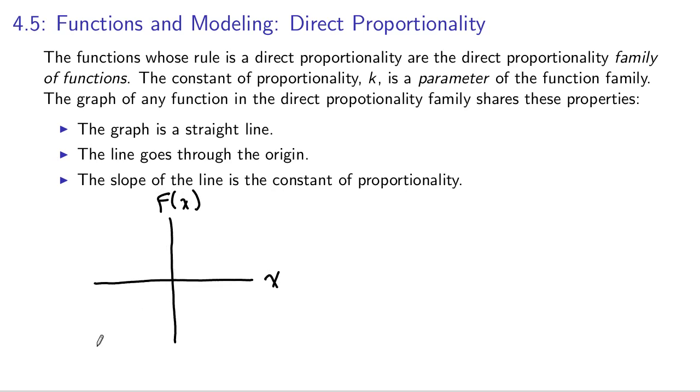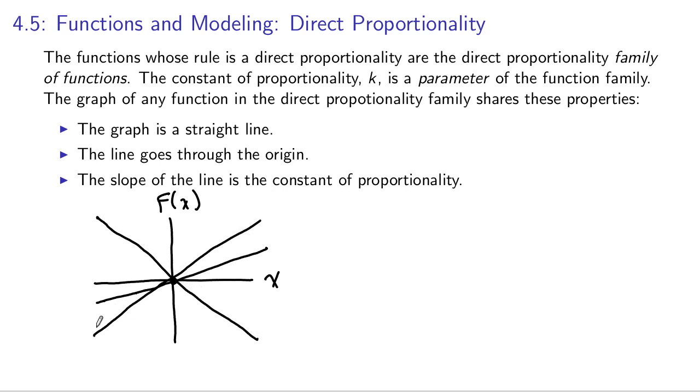And the slope of the line is the constant of proportionality. We'll talk more about slope in the next video. But we can sketch any direct proportionality using these rules. It goes through the origin, it is a straight line, and its slope is going to be given by whatever that value of k was.